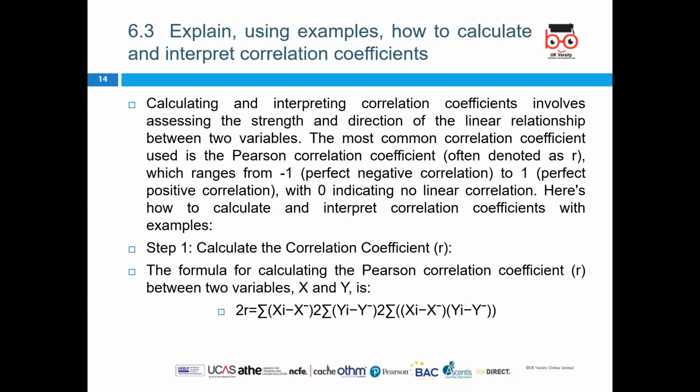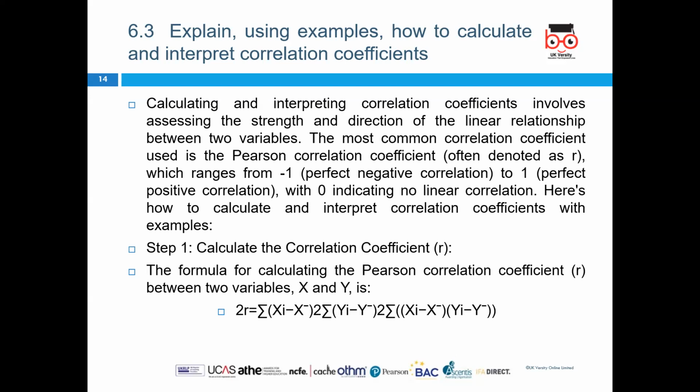The third section is explaining how to calculate and interpret correlation coefficients. The correlation, as we understood the concept, is based on the strength and direction of the linear relationship between the two variables. The Pearson correlation coefficient is one of the most commonly used statistical tests for assessment of correlation between the variables.